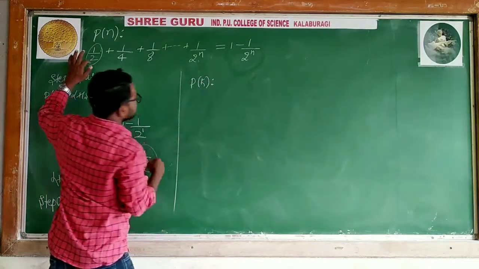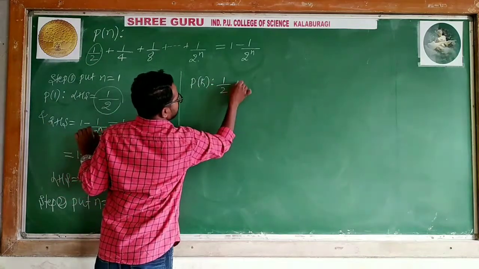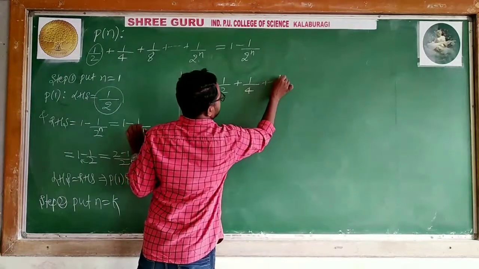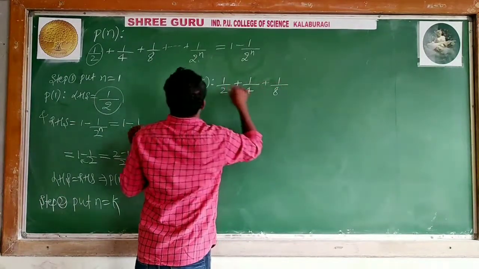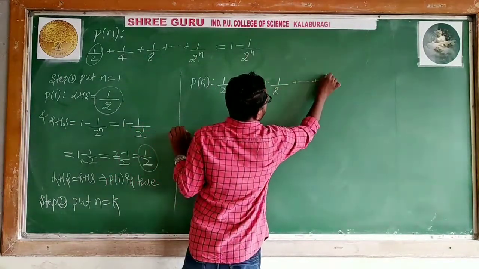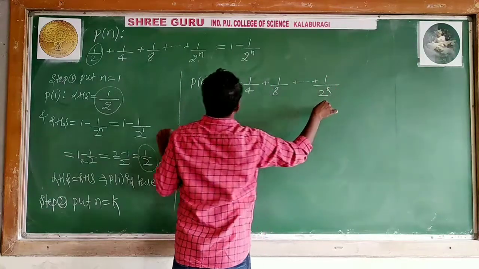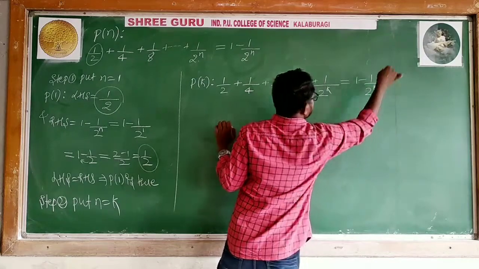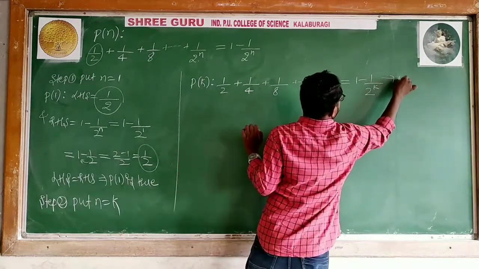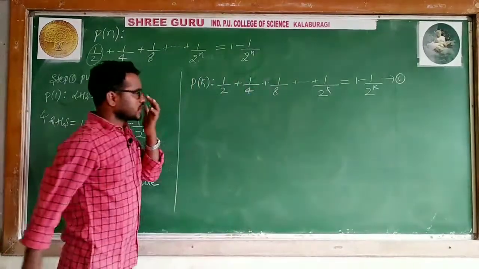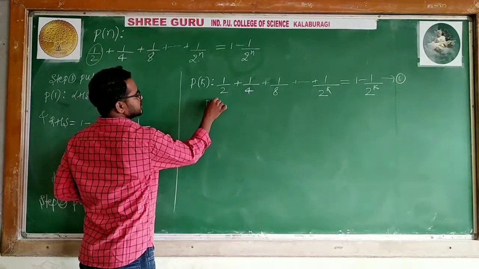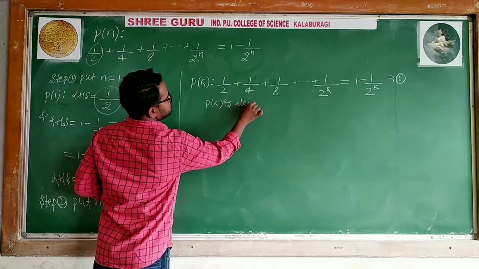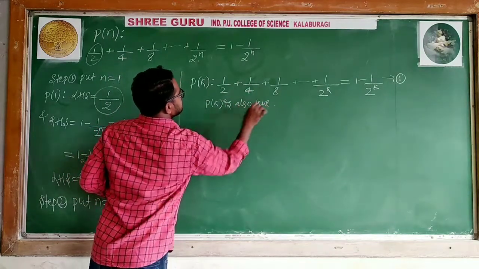P of k: 1 divided by 2 plus 1 divided by 4 plus 1 divided by 8 plus up to 1 divided by 2 to the power k is equal to 1 minus 1 divided by 2 to the power k. Okay, this is called equation 1. So P of k is also true. Yes. Step 3.